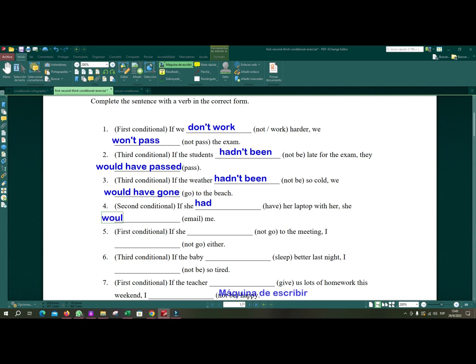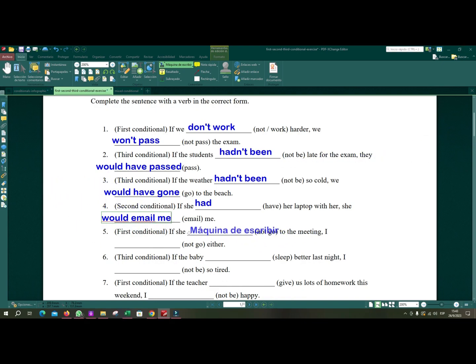Remember that, she would email me, right? So if she had her laptop with her, she would email me. Remember, email, that is a verb there, right?